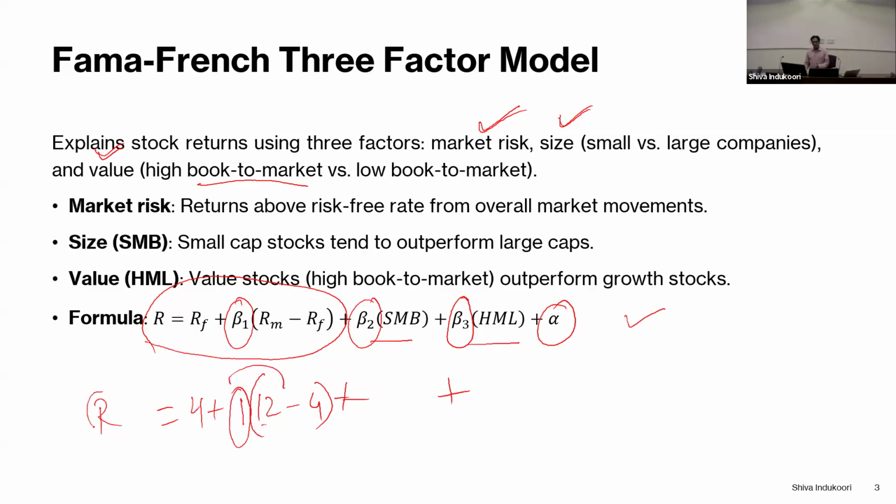But in a three-factor model, which is a multi-factor model, you will have small minus big as well as high minus low. Small firms minus big firms, and high book value minus low book value. That also you'll have.